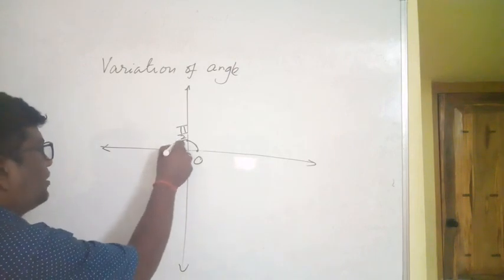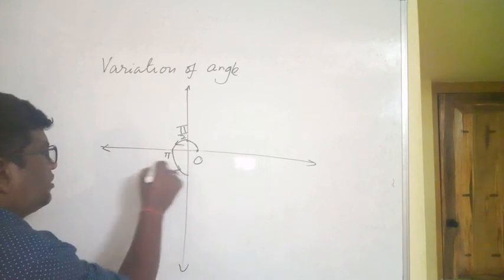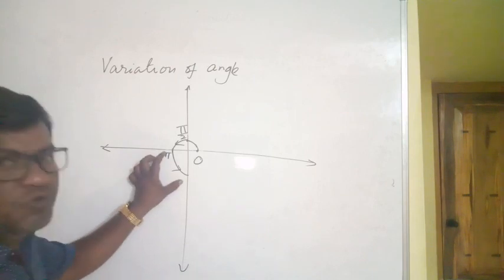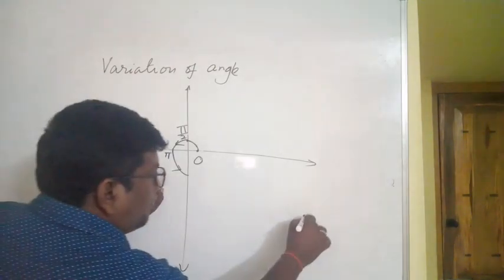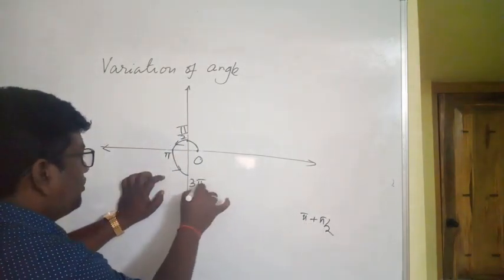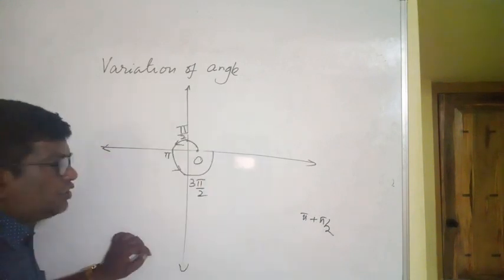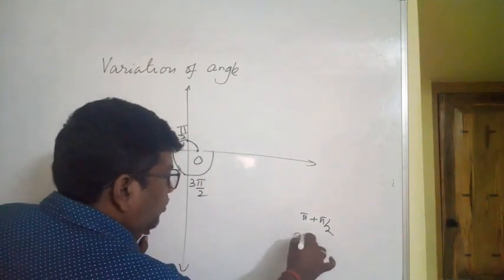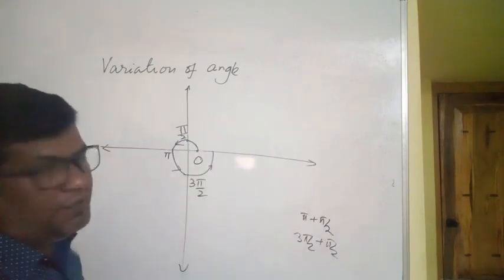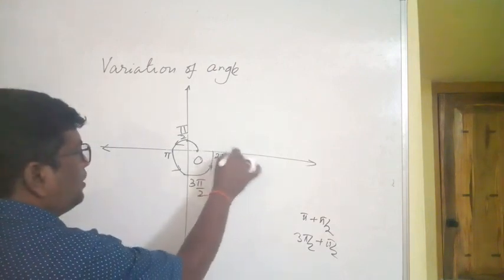Again we rotate and come to this position. This is pi, and again this amount pi by 2, so pi plus pi by 2 is 3 pi by 2. Then 3 pi by 2 plus pi by 2 is 4 pi by 2, which means 2 pi.